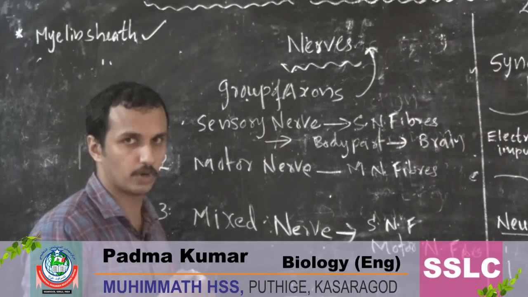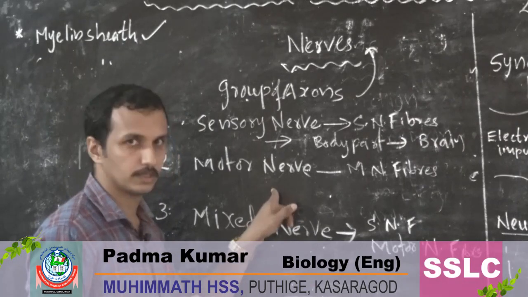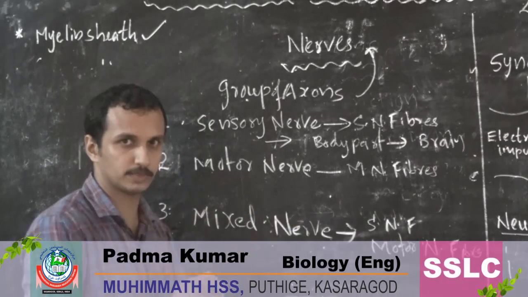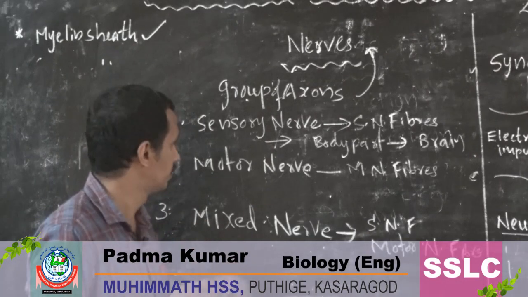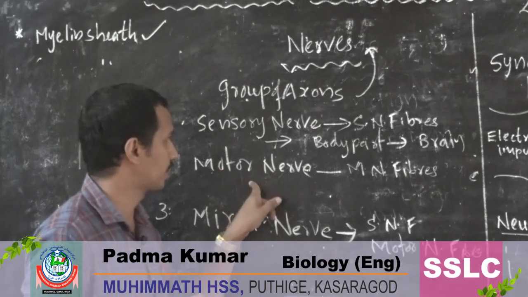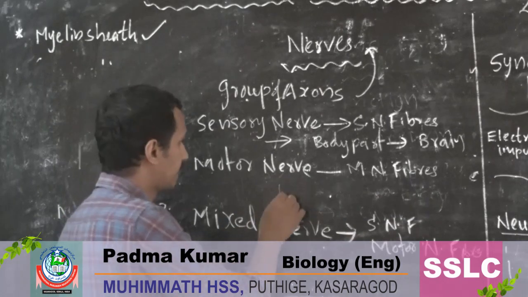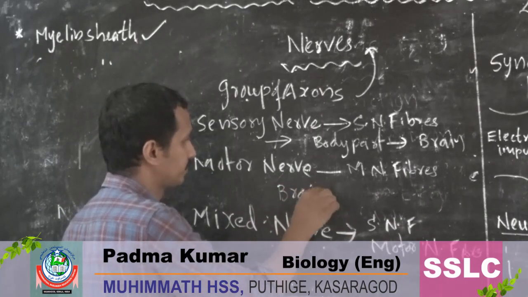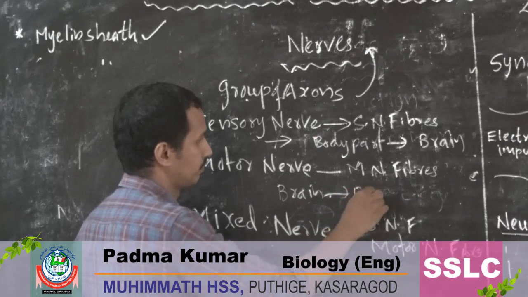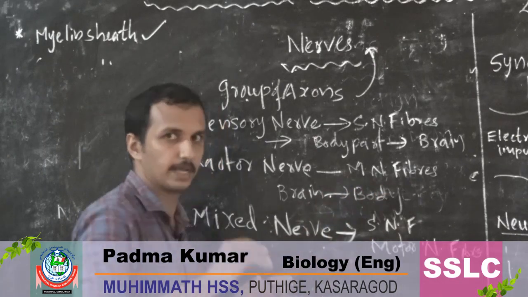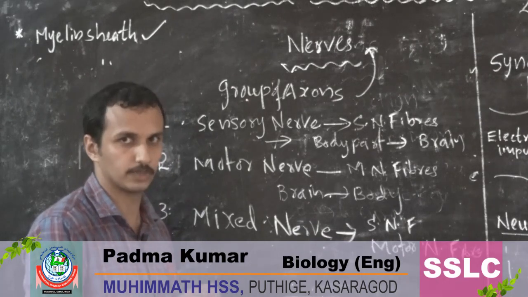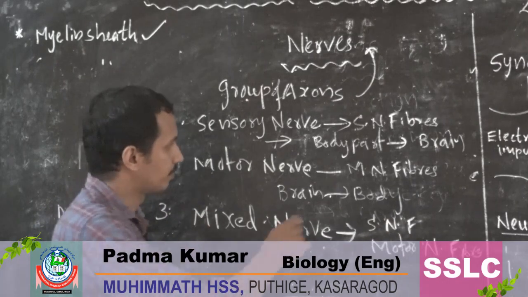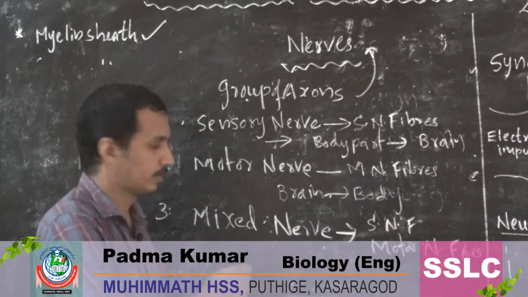Motor activities means control and coordination of body, movement of our body. The function of motor nerve is to carry impulses from brain to body part. Then only brain can control or coordinate our body functions or different functions performed by organs.